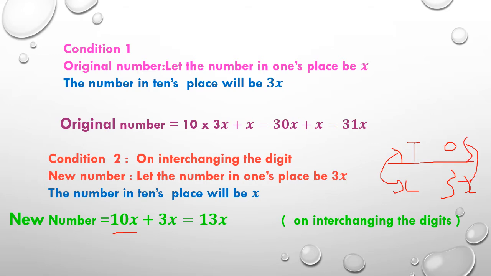We get 3x. So 10x plus 3x is 13x. 10 plus 3 is 13, and then you write the x. So you have already found out the original number and the new number.